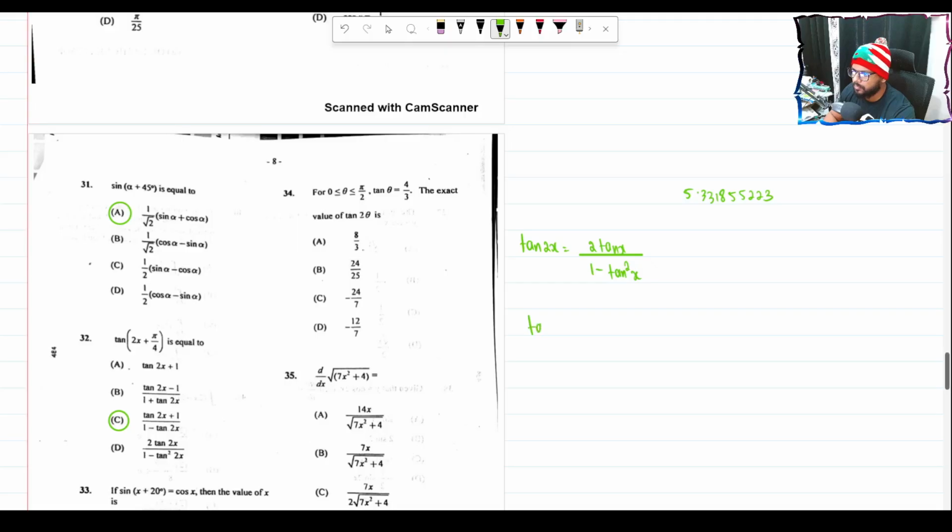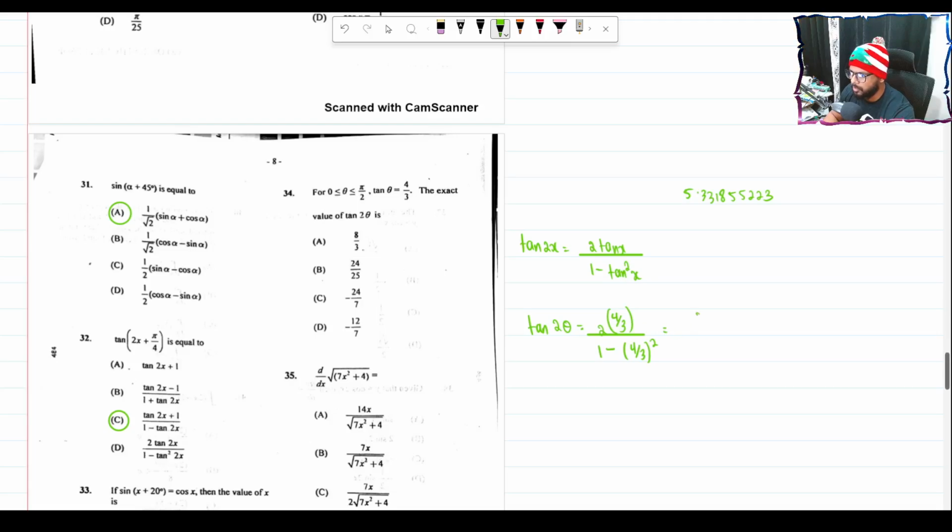Right, so we have tan 2 theta is 2 tan theta, which is 4 over 3, over 1 minus tan squared theta, which is 4 over 3 squared.